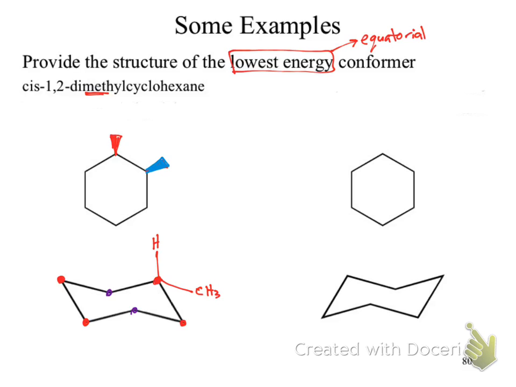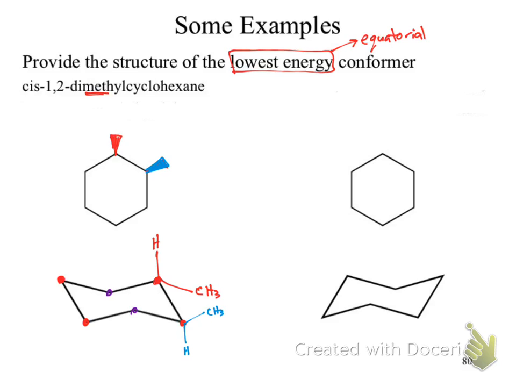So we want to go clockwise, so I want to put my blue methyl at the red dot. Because my answer said equatorial, I'm going to put the blue methyl equatorial. So there's my two positions, CH3 and H. Most common answer by students, which also happens to be wrong.